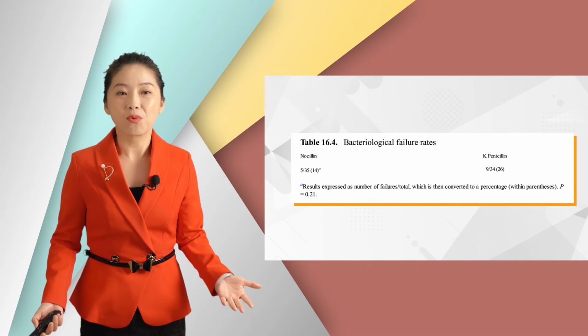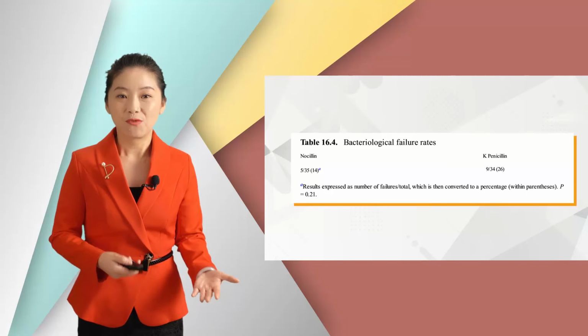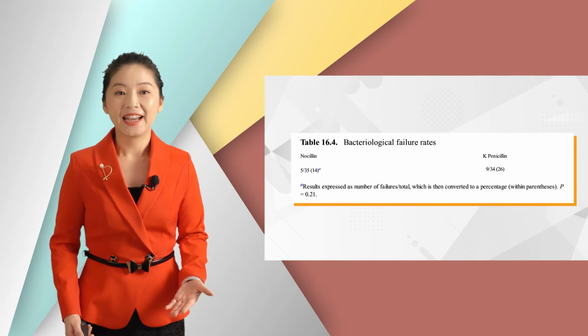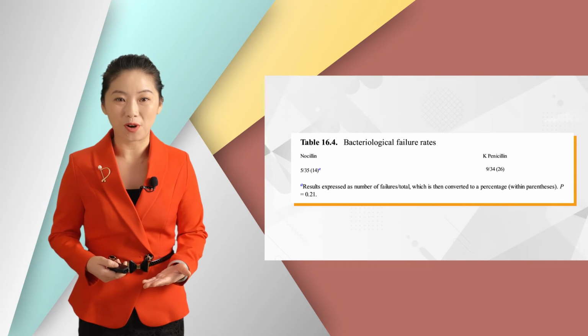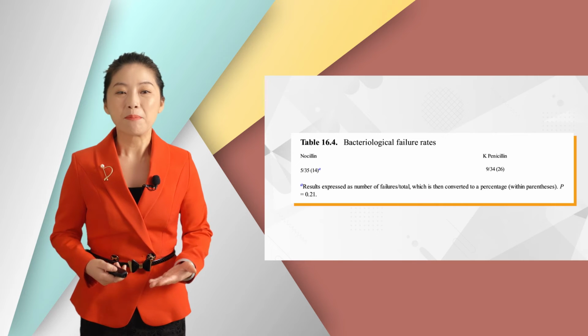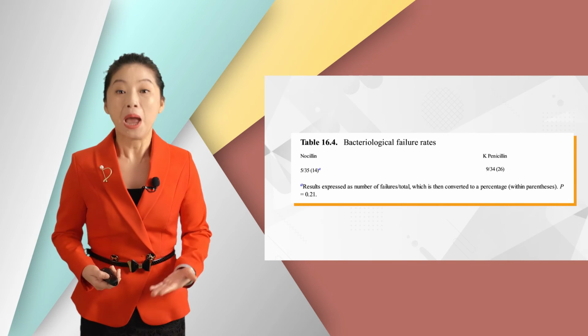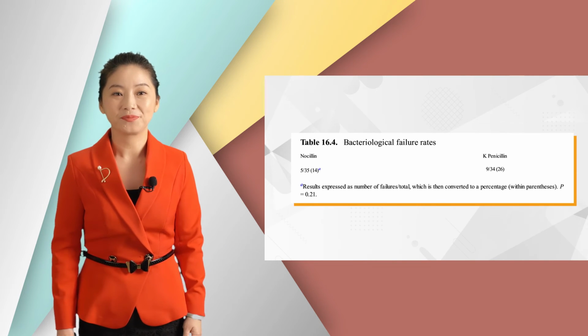The difference between the failure rates, 14%, 5 of 35 for Norcelin, and 26%, 9 of 34 for potassium penicillin V, was not significant. P is equal to 0.21. In presenting numbers, give only significant figures.